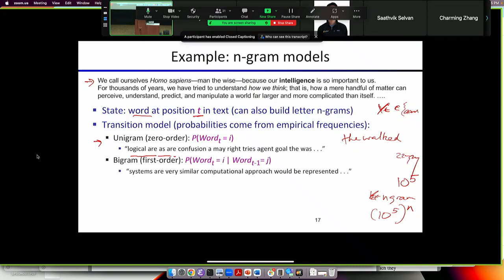Then the bigram model. And in fact, the first ever Markov model was written by Mr. Markov, and it was a bigram model of the words in the play Eugene Onegin, which I guess was popular at that time, around 1913, I think.